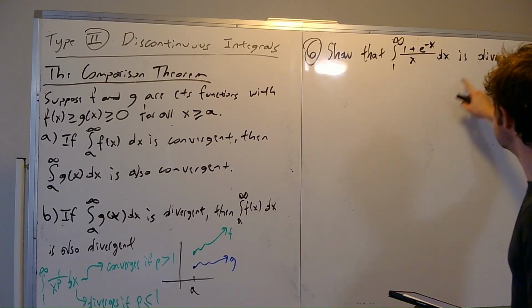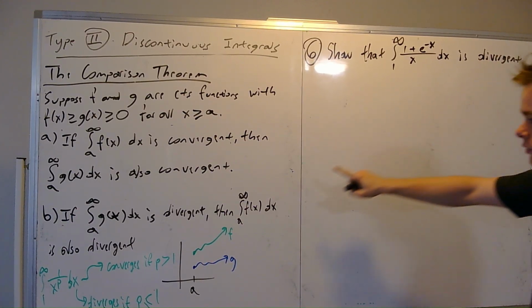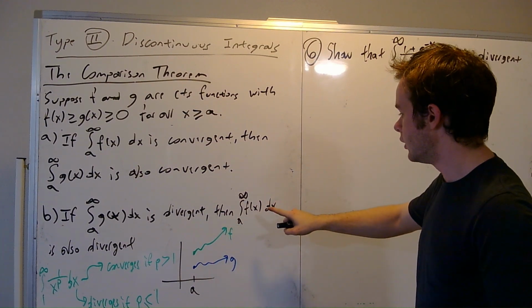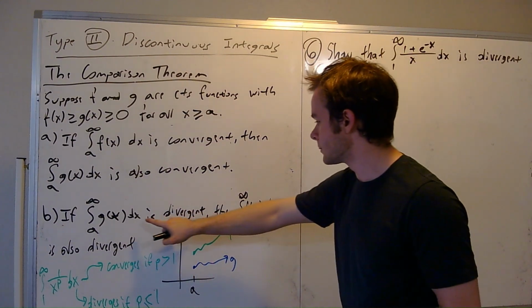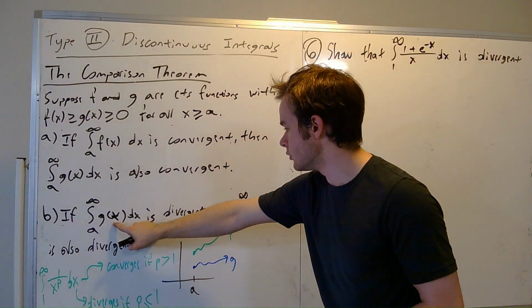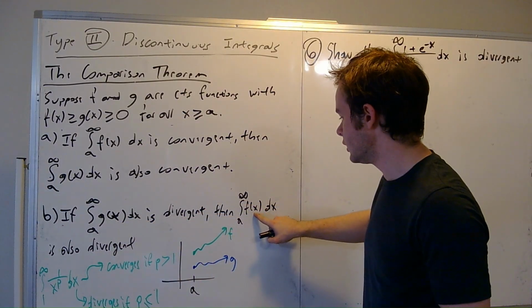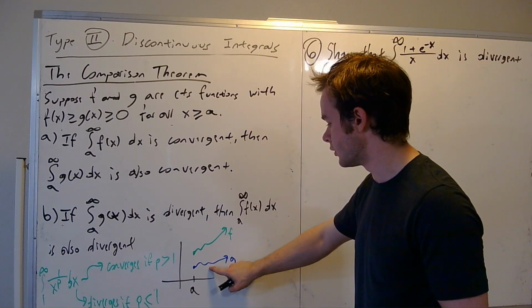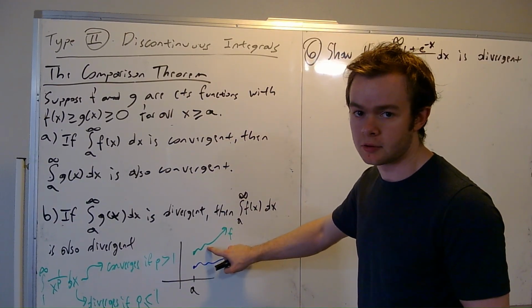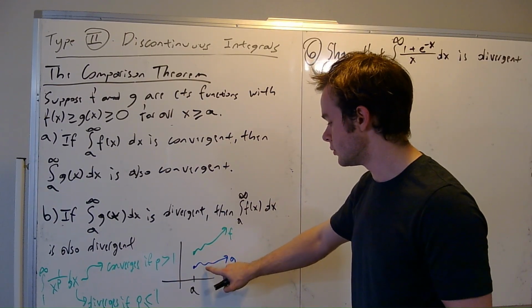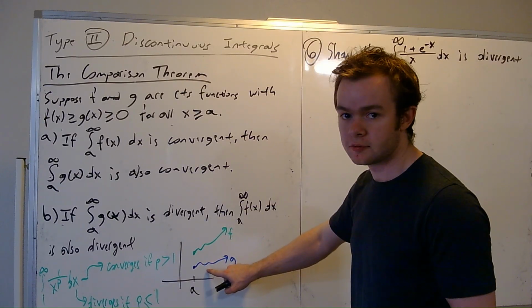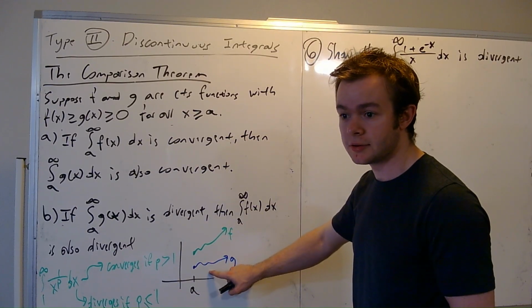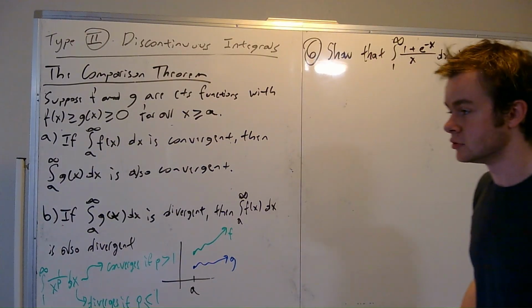So we're trying to show that this is divergent. If we look at the comparison test, we said if the integral of g of x is divergent, then the integral of f of x is also divergent. So if the integral of the smaller one is divergent, then the integral of the bigger one is also divergent. So we need to pick a smaller function whose integral we can show is also divergent.